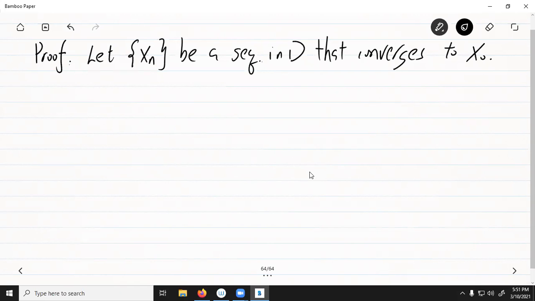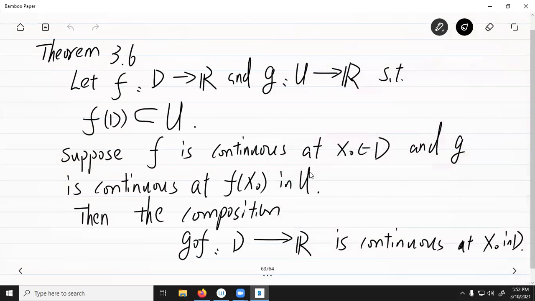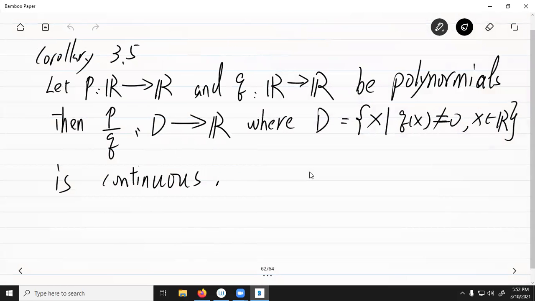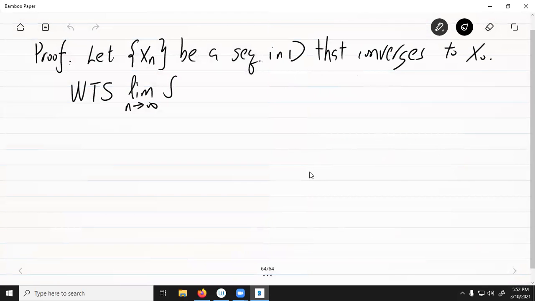So we want to show that the limit of g composed with f, g circle f, of xn as n approaches infinity is equal to g circle f of x naught.